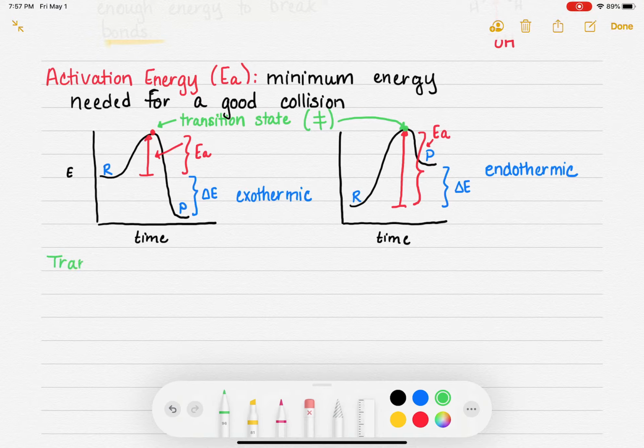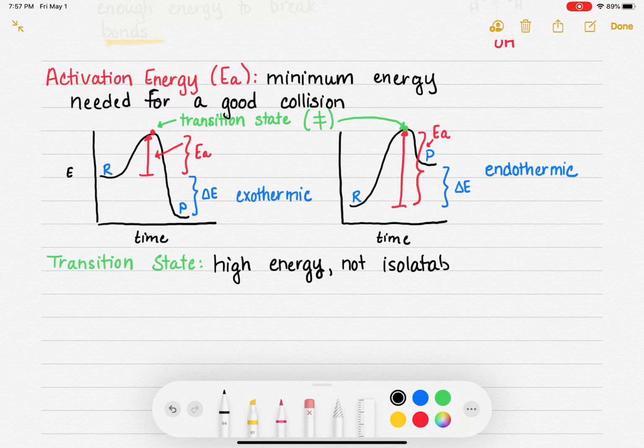So the transition state is our high energy point. It is not isolatable, meaning that we can't stop the reaction when we reach the transition state. Because we can't stop it there, we don't ever really see these transition states.